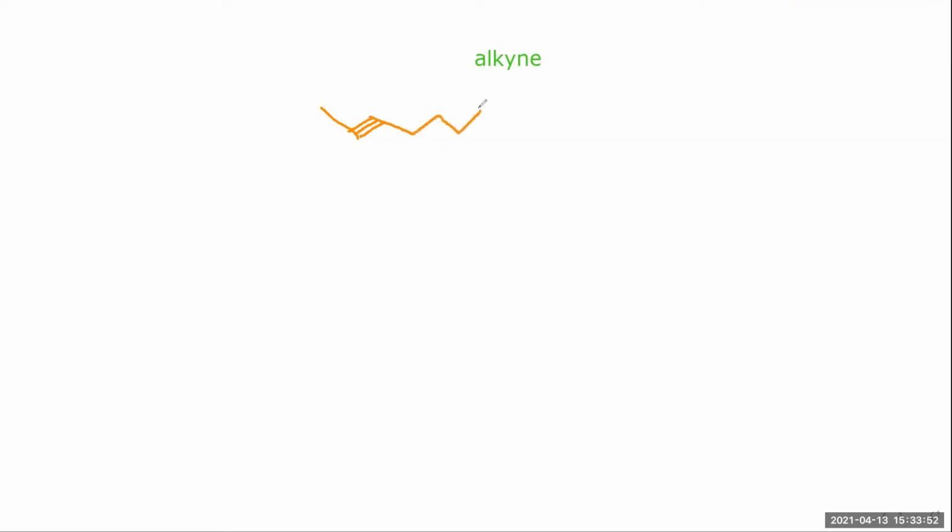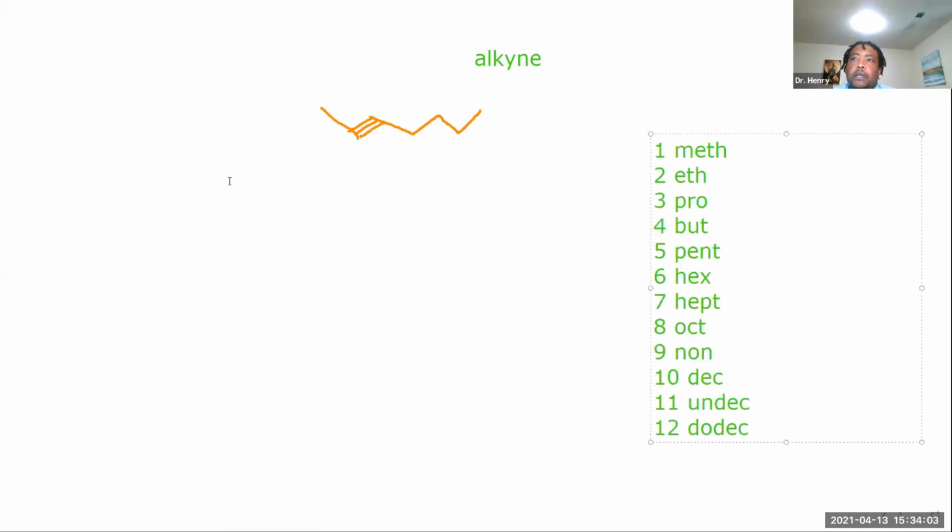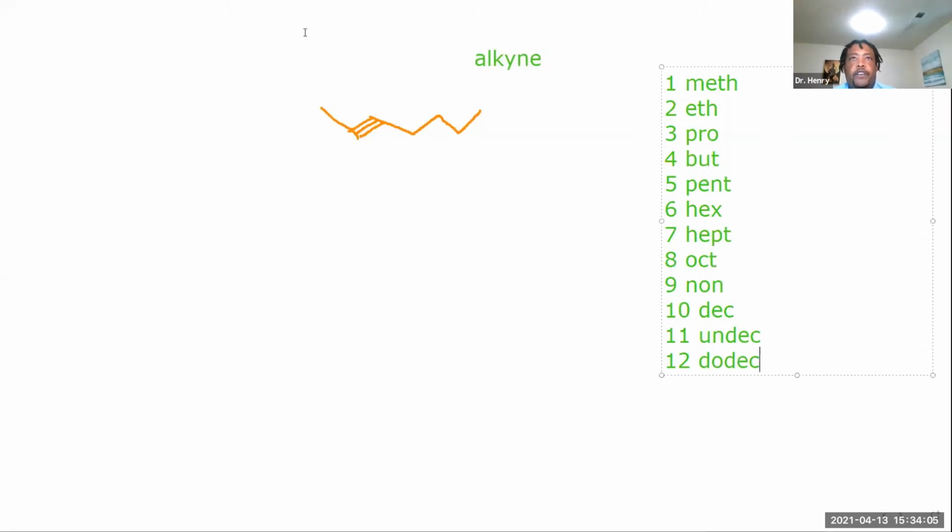Like the same way that we did before, the triple bond is the major functional group when it's all by itself. So what would this one be called? 2-heptyne.